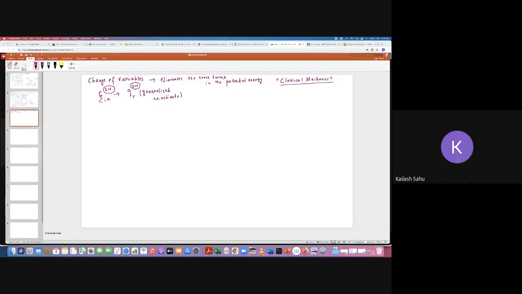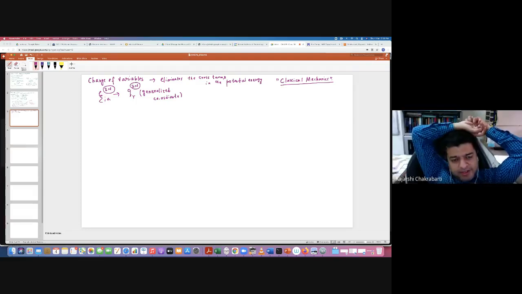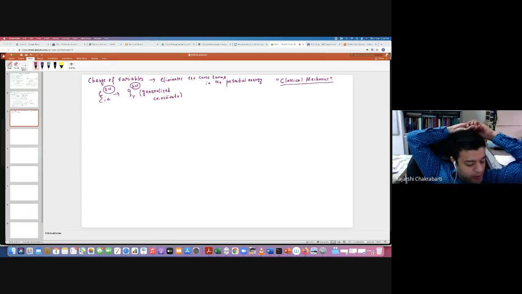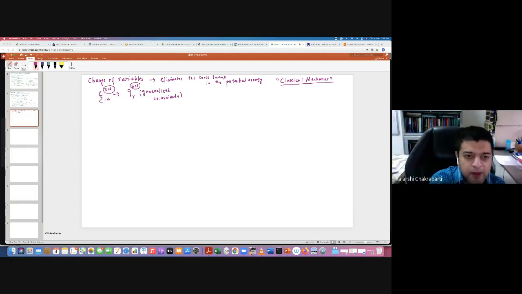Remember? Similarity transformations. So it is like a similarity transformation: changing your coordinate system, going from one coordinate system to another. But here we're doing it in classical mechanics. So what do you do? Basically, you express this old variable as a linear combination of some new variable.